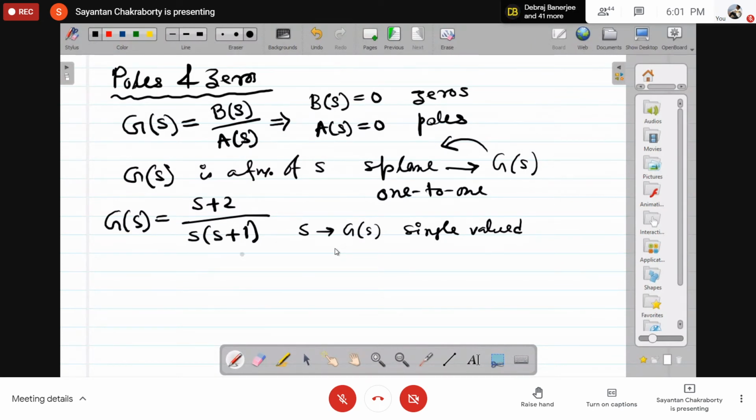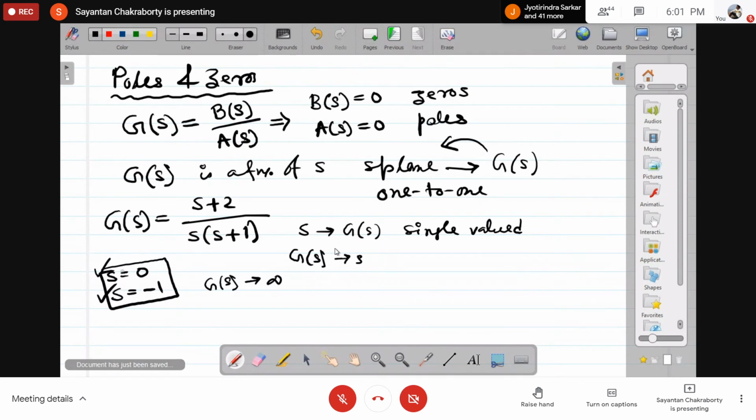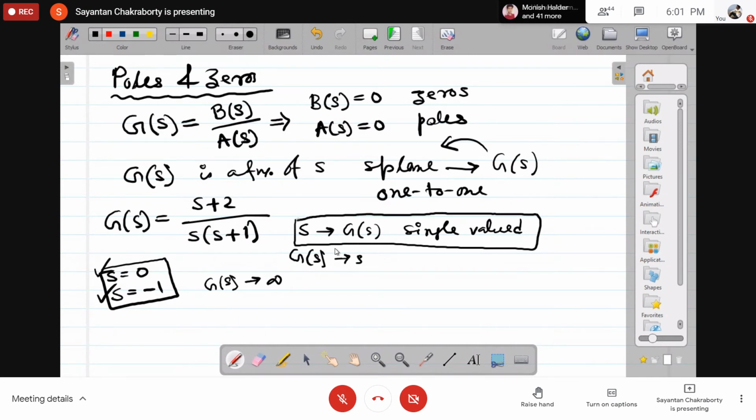But G(s) to s is not, because s equal to 0 and s equal to -1 both will correspond to G(s) tending to infinity. So G(s) tending to infinity will be met in the s plane with s equal to 0 and s equal to -1. So this one-to-one correspondence will be lost in this situation. So we intend to have G(s) to be at least single valued, that is, for each value of s there is only a unique value of G(s) in the G(s) plane, right?